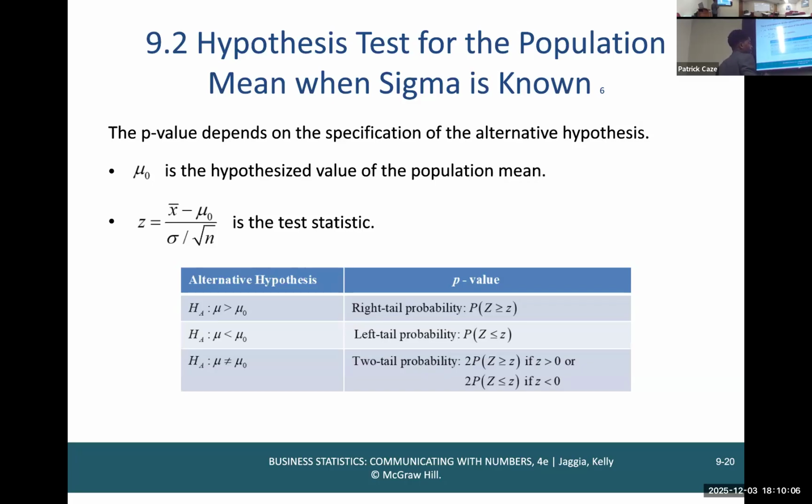If you're going for a left tail, it's less than. If you're not going for either, you're just saying, I don't know, I just know it's different, then you are going to use the two-tail probability with the not equal sign, because you're saying the null is equal.